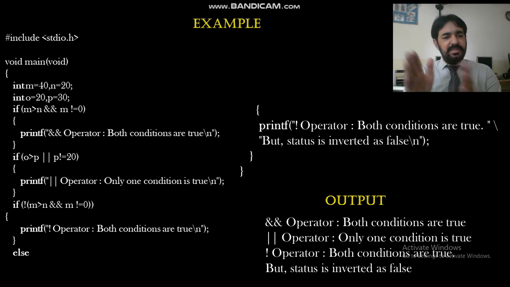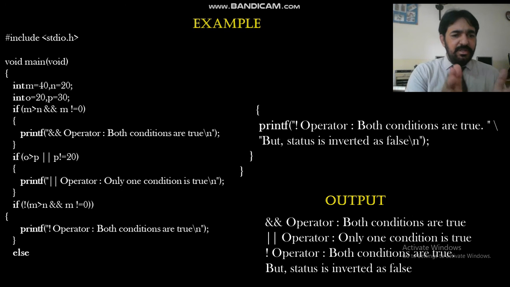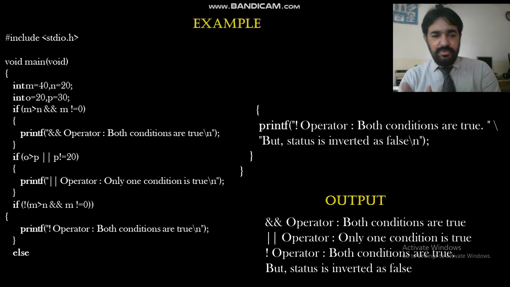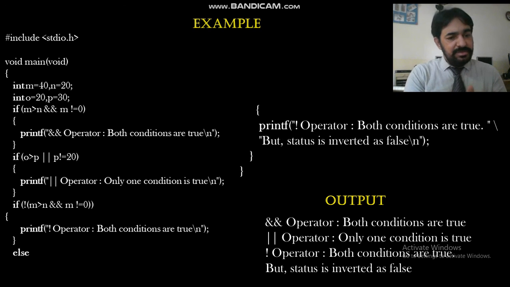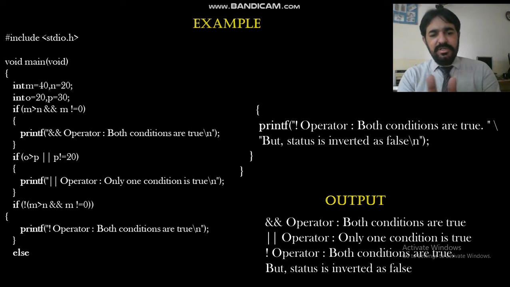If m is greater than n and m is not equal to 0, then print AND operator. For the AND operator both conditions are true. If o is greater than p or p is not equal to 20, then print OR operator, where only one condition is true.